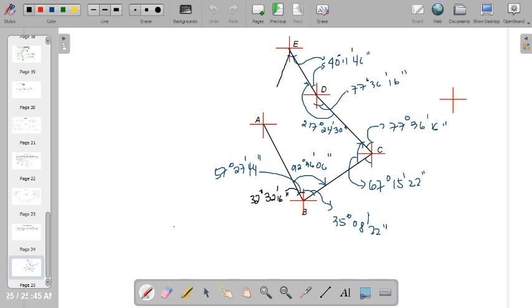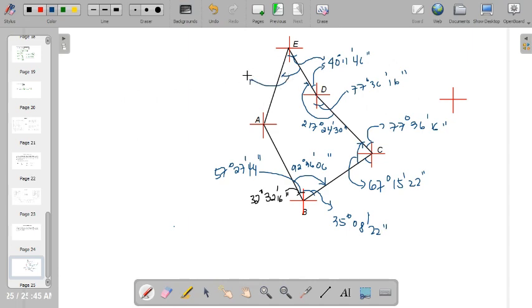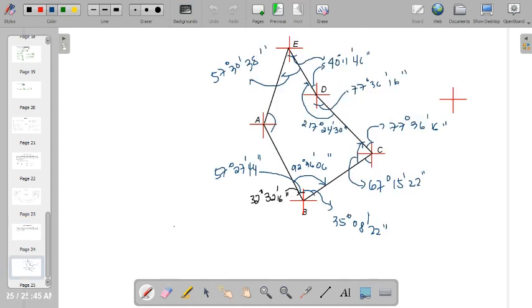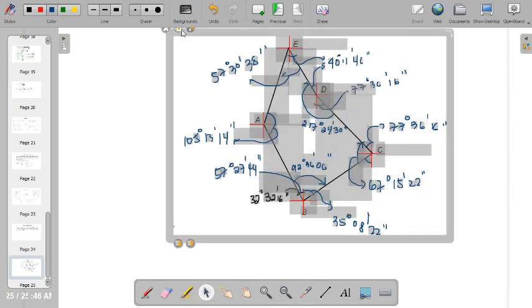And then our EA is 57, so that's correct. This is 57 degrees, 30 minutes and 38 seconds. And that is 105 degrees, 13 minutes, 14 seconds. So this is our traverse line.